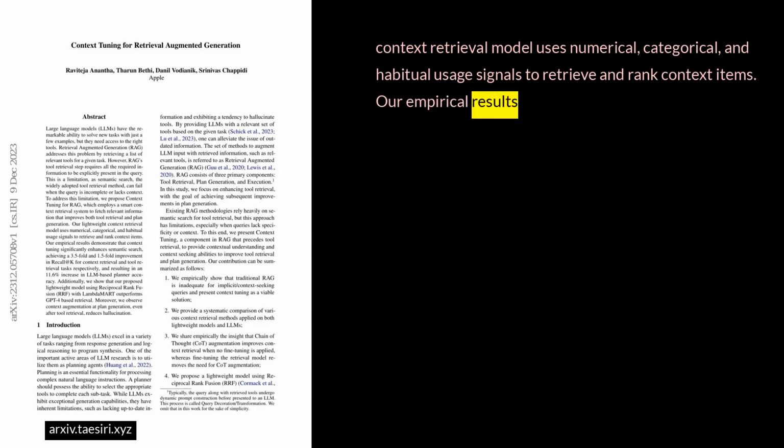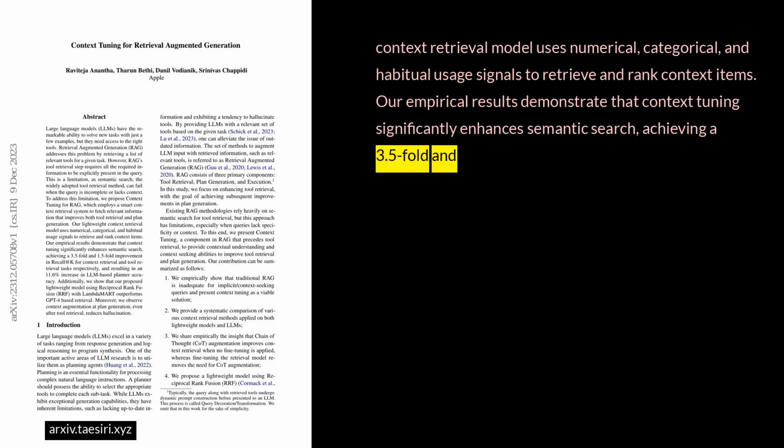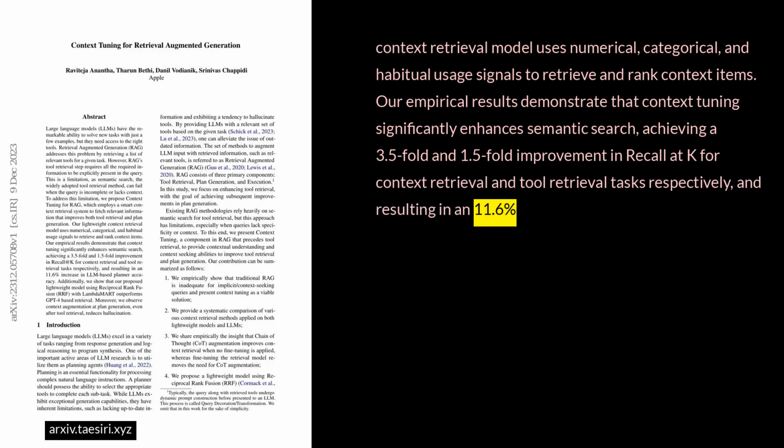Our empirical results demonstrate that context tuning significantly enhances semantic search, achieving a 3.5-fold and 1.5-fold improvement in recall at K for context retrieval and tool retrieval tasks, respectively, and resulting in an 11.6% increase in LLM-based planner accuracy.